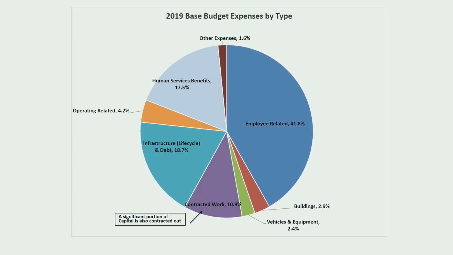Of Chatham-Kent's overall expenses, 41.8% were employee-related. Expenses related to infrastructure, debt, and contracted out make up a significant portion. Contracted work is largely related to capital works, including the design and engineering of some of the larger capital projects within the municipality.